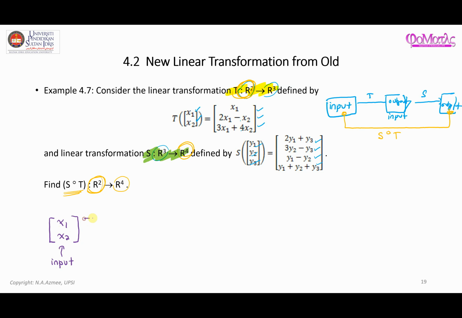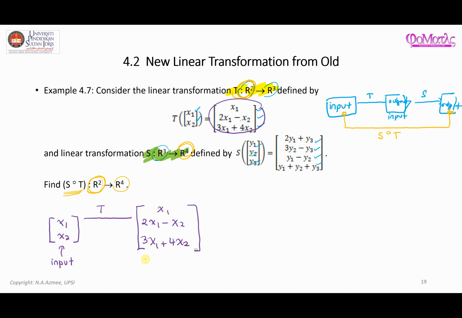So imagine we have the transformation T here, and T has this rule that you can use. When you supply the input into this function, the result that you will get is given by this. So you will get the result x1, 2x1 minus x2, 3x1 plus 4x2.